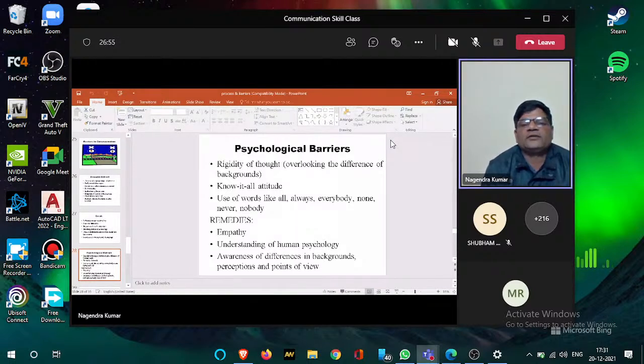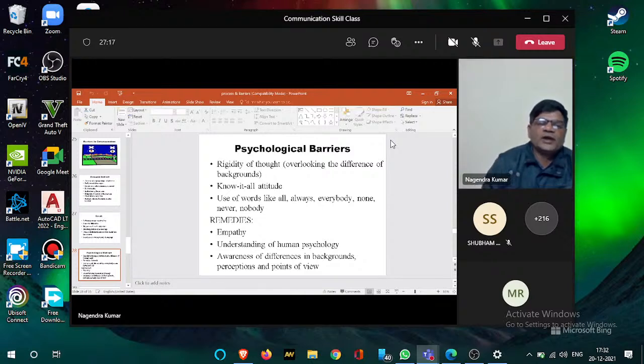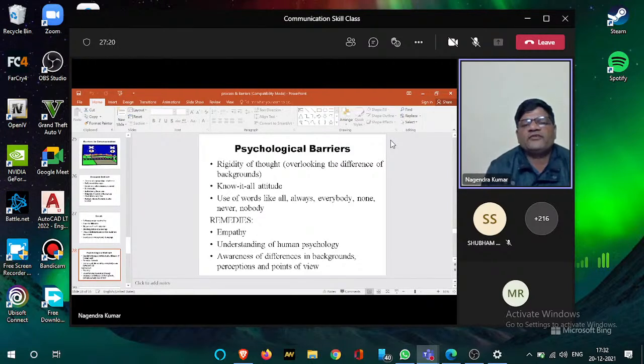So if we find that somebody is naturally negative in his approach or attitude, we need to understand that person, try to understand the reasons behind his negativity, and if we can find the reasons, probably we can find the ways to convince that person as well. And most importantly, we always need to understand that different people come from different backgrounds, and that's why they have different perceptions and points of view.